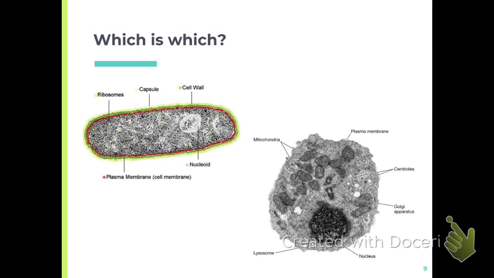Remember, prokaryotes are before nucleus, eukaryotes are after nucleus. We can see that this has a nucleus, so immediately I know it's a eukaryote. And then here, there's no nucleus. You can see it's a little smaller, so this is a prokaryote. Okay.